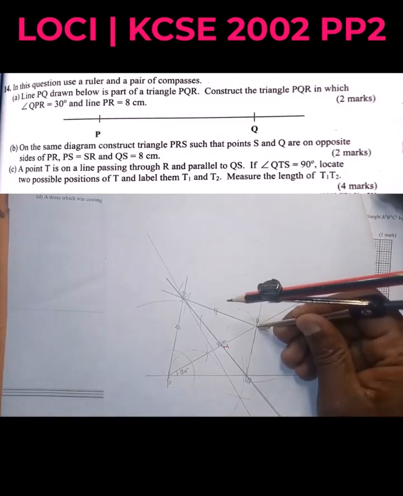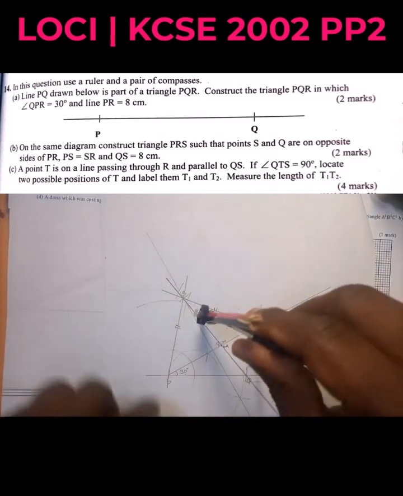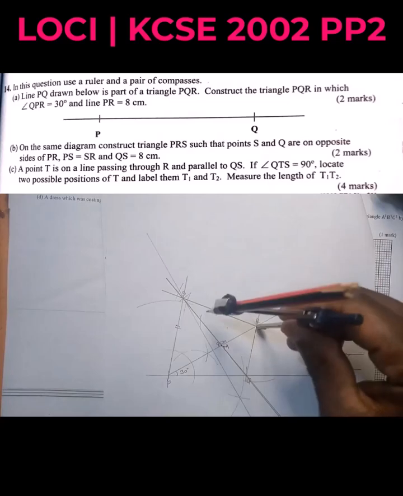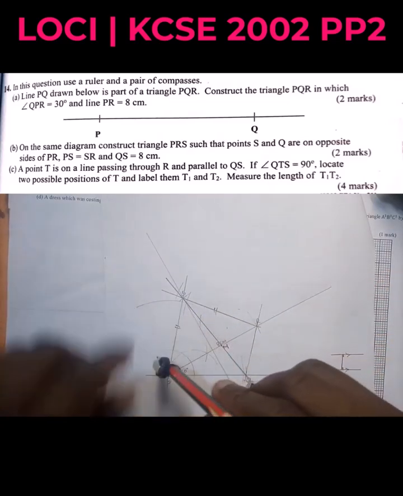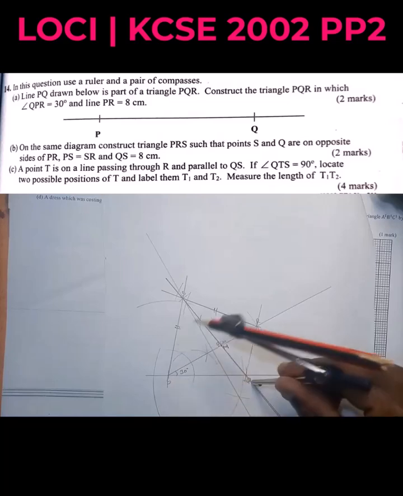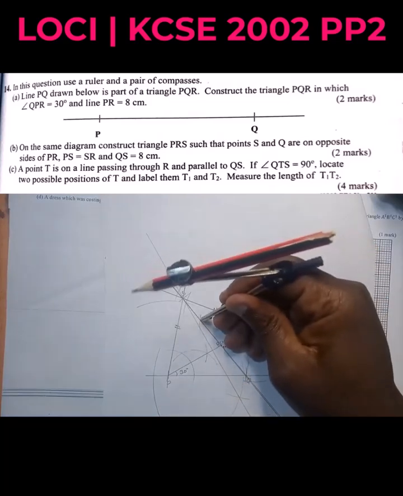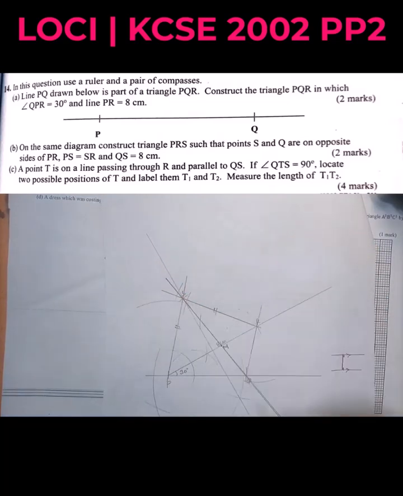So standing at this point, mark an arc here, and then mark another arc there. Then standing at this point here, in this arc, I can mark an arc there. Then on this arc here, cut that arc.